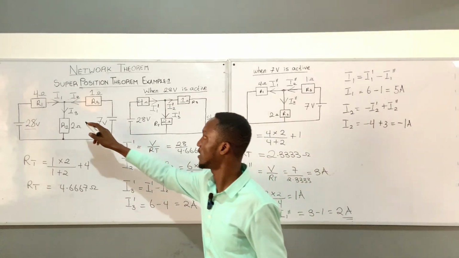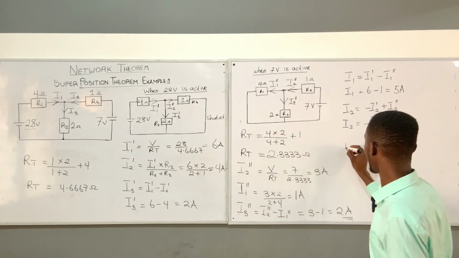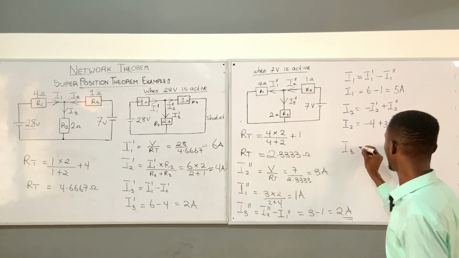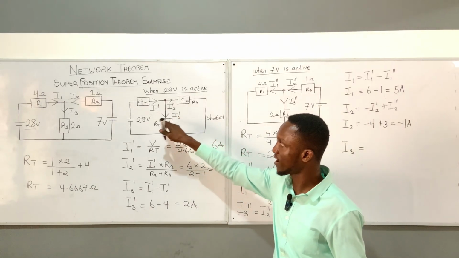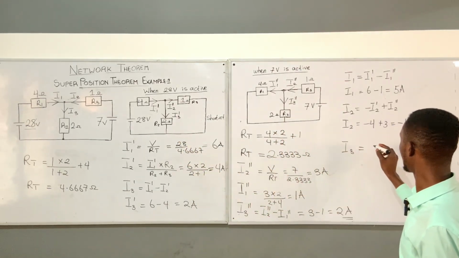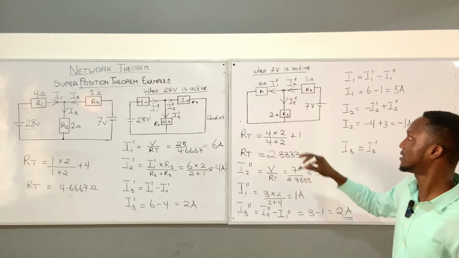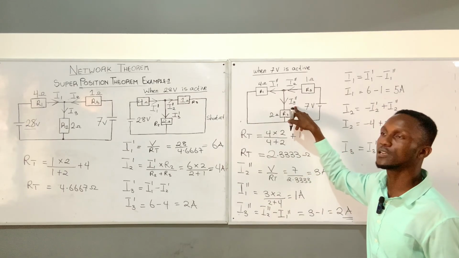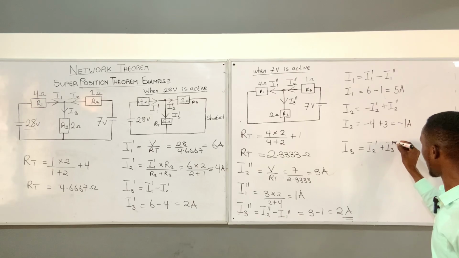So we move on to the third one, which is I3. Let's find the value of I3 by comparing. When we compare, you could see that I3 prime and I3 are moving in the same direction. Take the same thing. So we have I3 prime. Then we compare with the second one, it is also moving in the same direction. So plus I3 double prime.